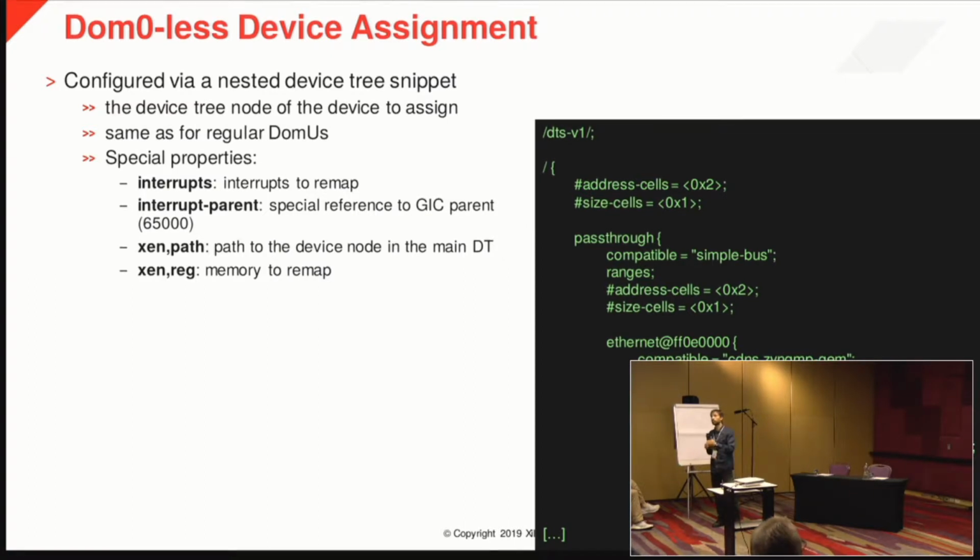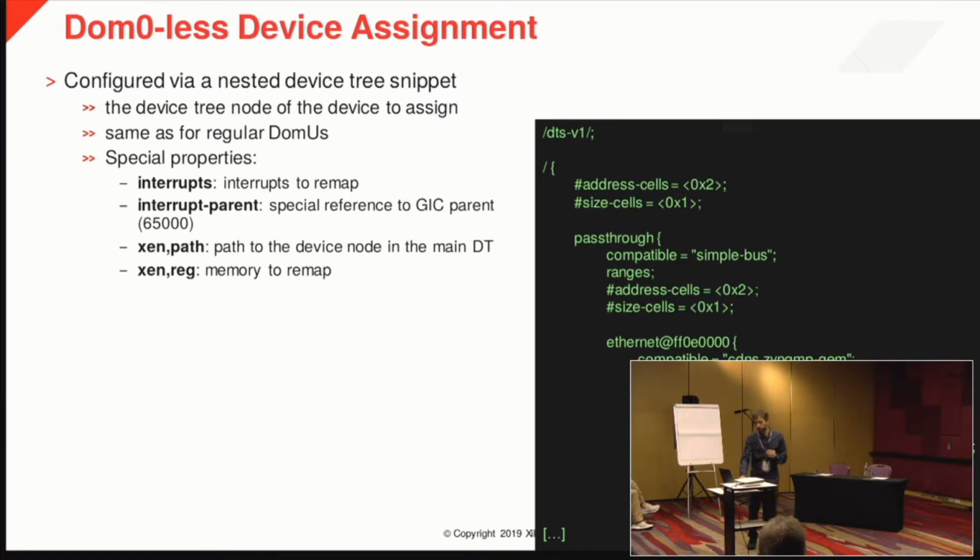Those are the interrupts that will be remapped into the VM, in this case, the yellow VM. The Xen reg property is to say this is a memory region that's going to be remapped into the guest. And you can even specify different addresses. So an MMIO region that at the host is at address A can become address C in your guest if you want to.